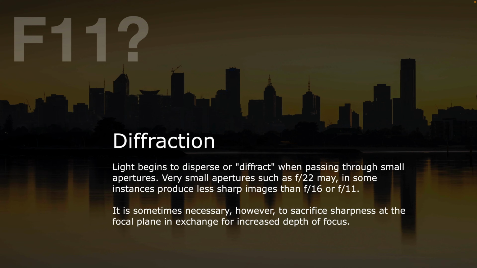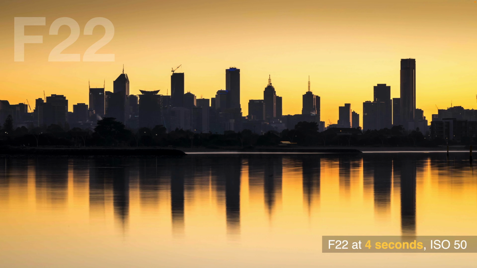It is sometimes necessary, however, to sacrifice sharpness at the focal plane in exchange for increased depth of field. So I'm not saying never use f22. In this instance I actually did use f22 because I realized I'd forgotten my ND filters and I really wanted to smooth the water out as much as possible.